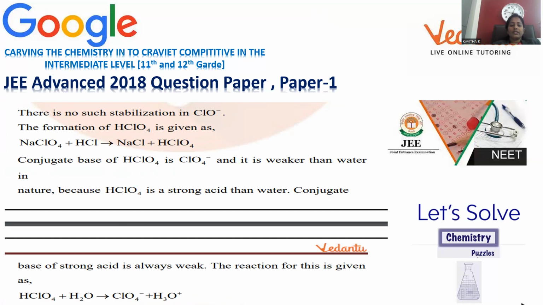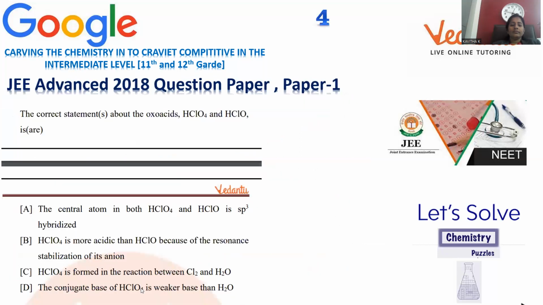When it is added with water, what happens? Water is stronger in comparison to perchlorate. So the conjugate base of HClO4 is weaker than that of water. That is perfectly correct. Always, whenever the compound itself is stronger, its conjugate base will become weaker.